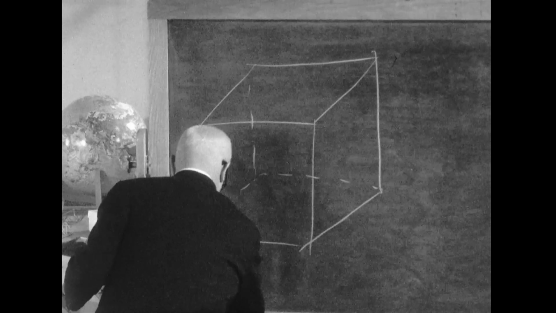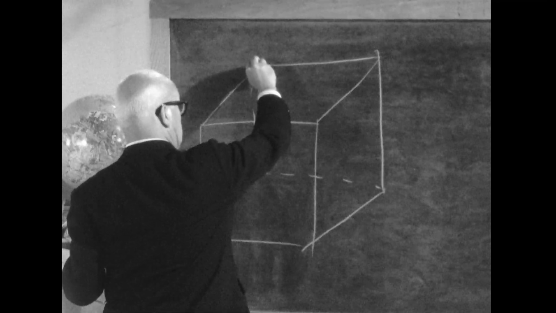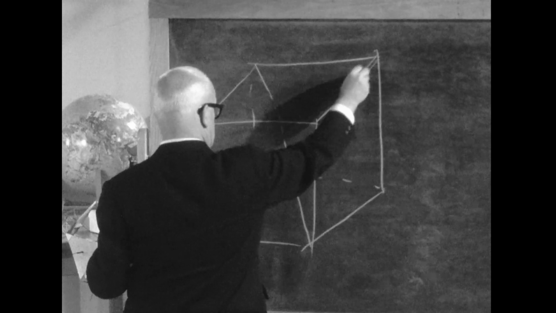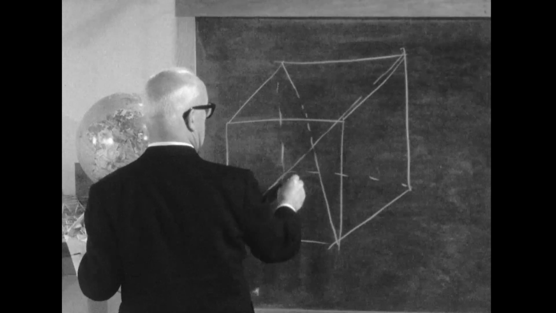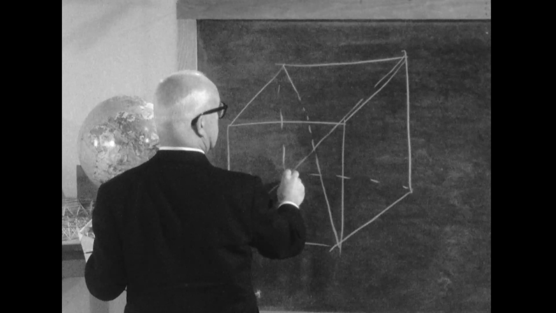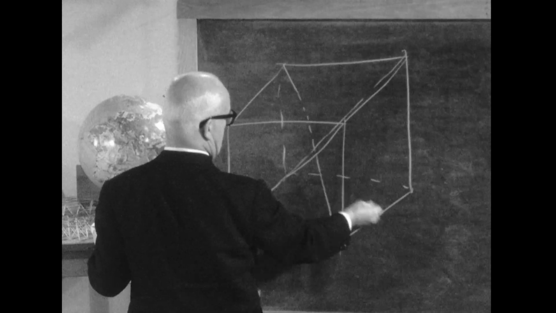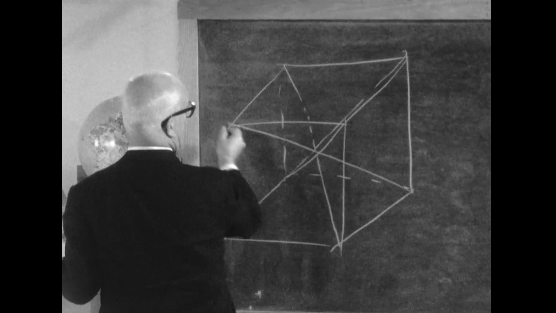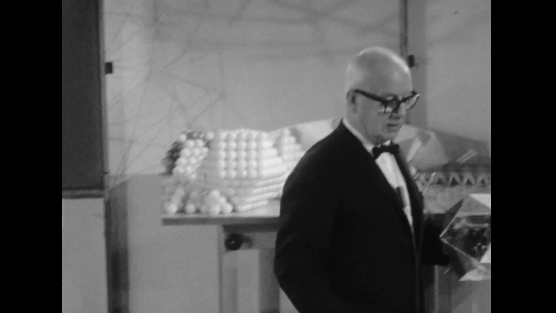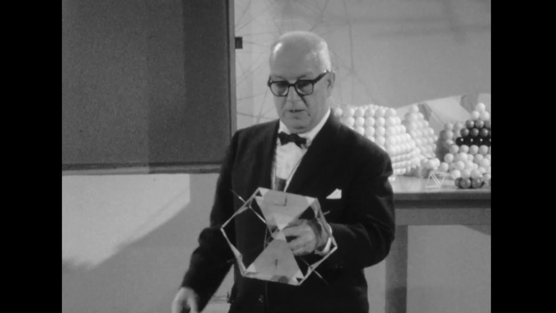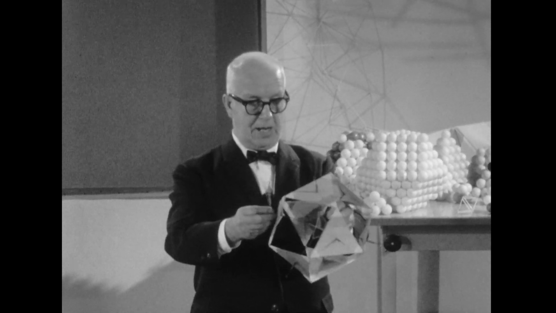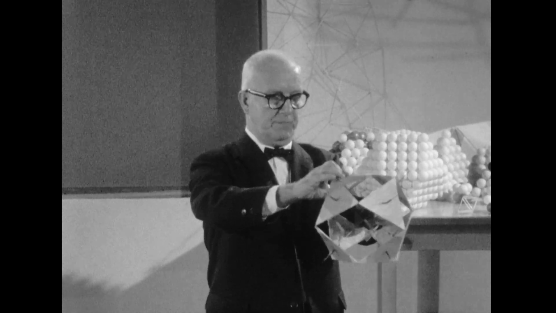And the diagonal of the cube from this corner over here down to this corner here, one from this corner down to this corner here, and one from this corner here up to here, and this corner here up to here. They all go through the same center point. As there are then 8 corners paired into 4 axes, they make 4 lines, and they are then the same rods that you see here.